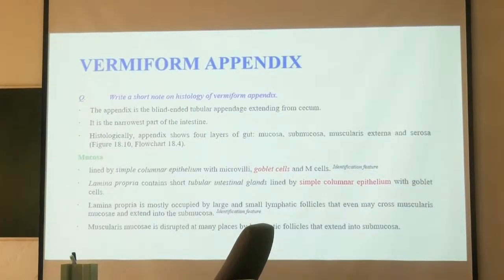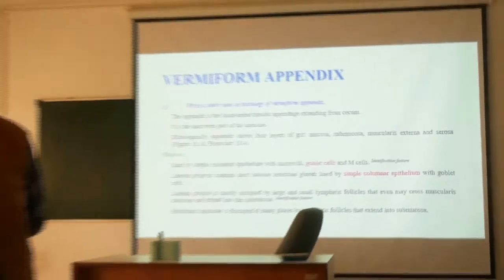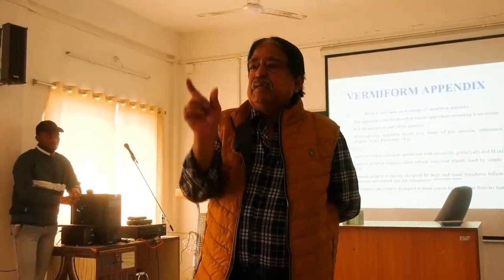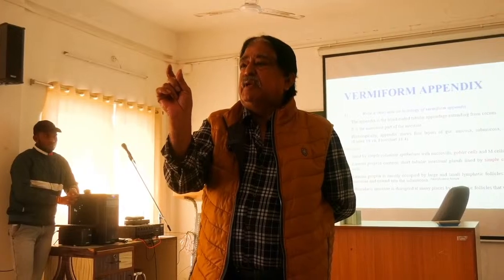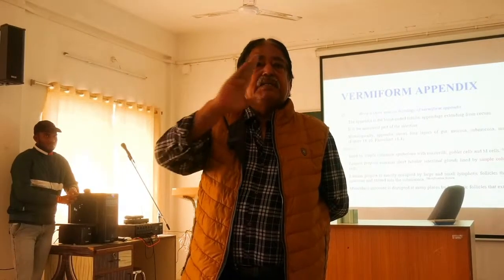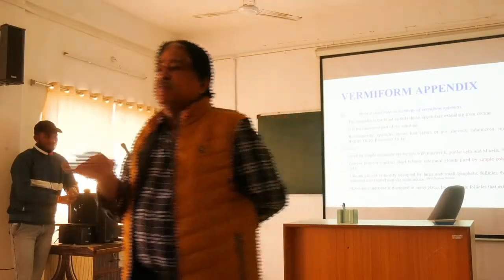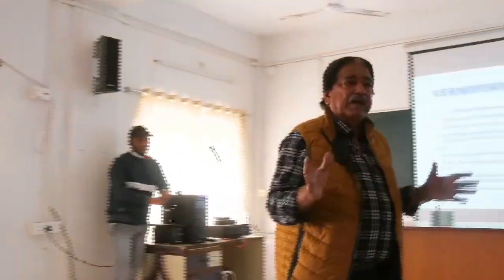Now, why am I telling you about the appendix? It has no conventional measurement. It can be this small, it can be this large. The total things differ from each other. If you operate on 10 in a week, if you have done 10 appendicectomies, you will see that if you measure the lengths, they all vary.